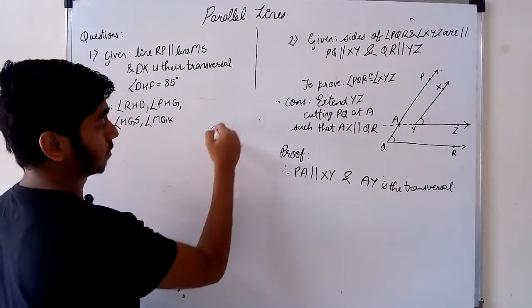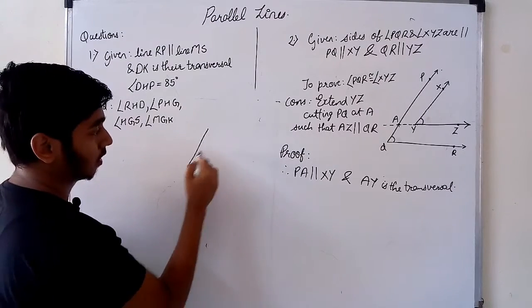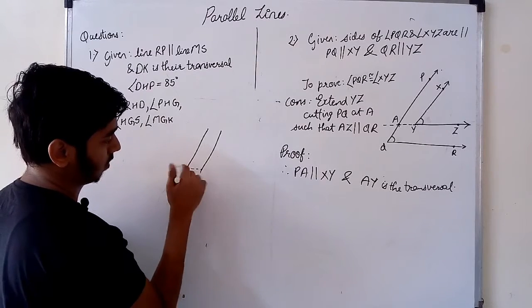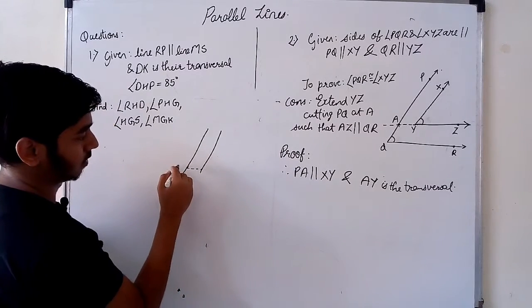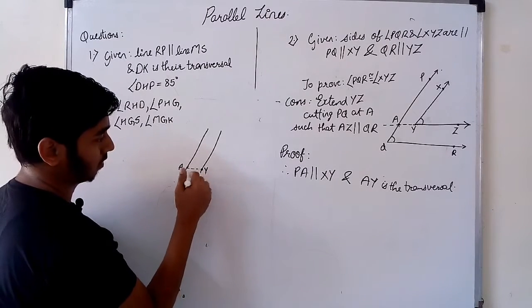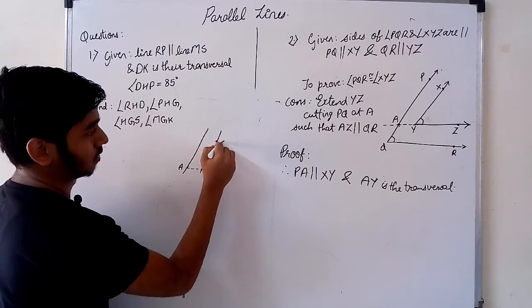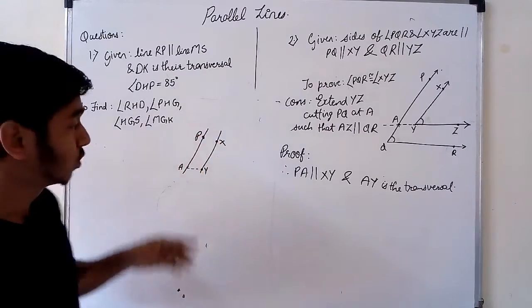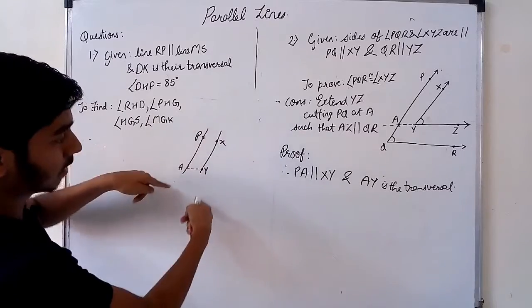So we get a figure something like this. If we extend this, this is A, this point is Y, and this is X, and this is P. Okay, so it feels like these two are the parallel lines.